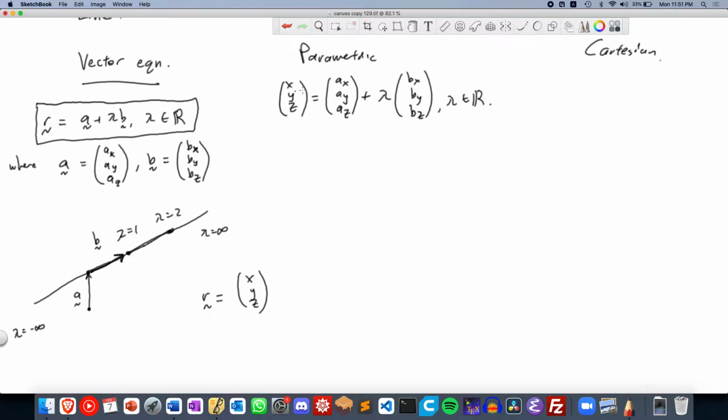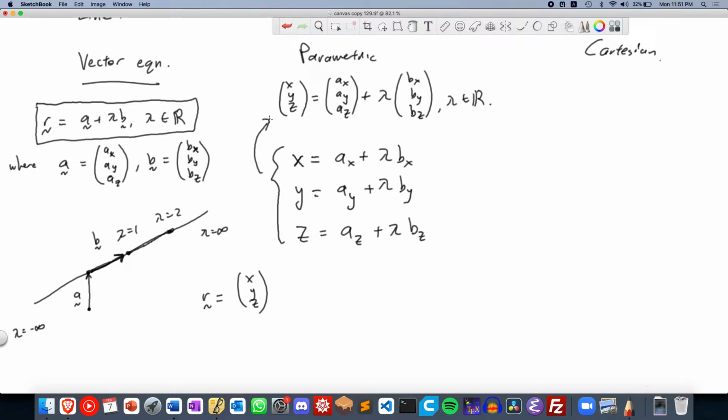So if we equate each of the components, for the x component we get that the x coordinate of a point on the line equals ax plus lambda bx, and then for the y it's likewise, and for the z it's also similar. So these are just extracting the components of the vector equation, and lambda is a real number.